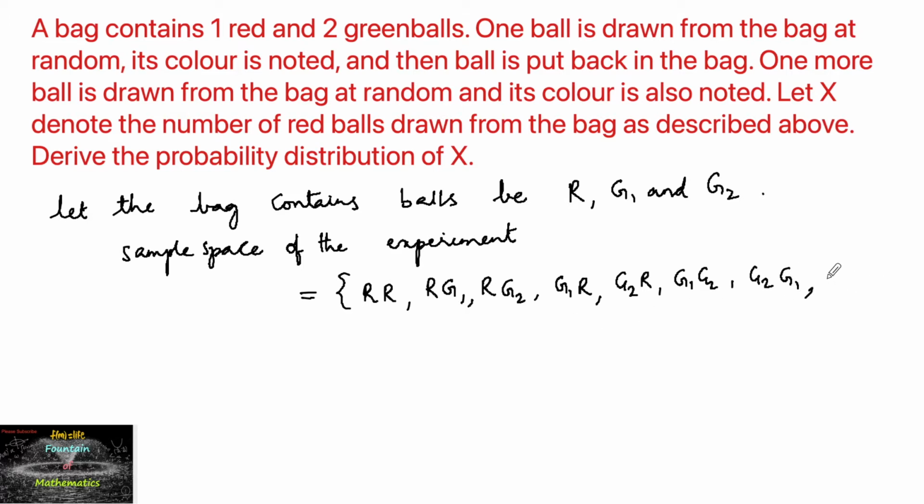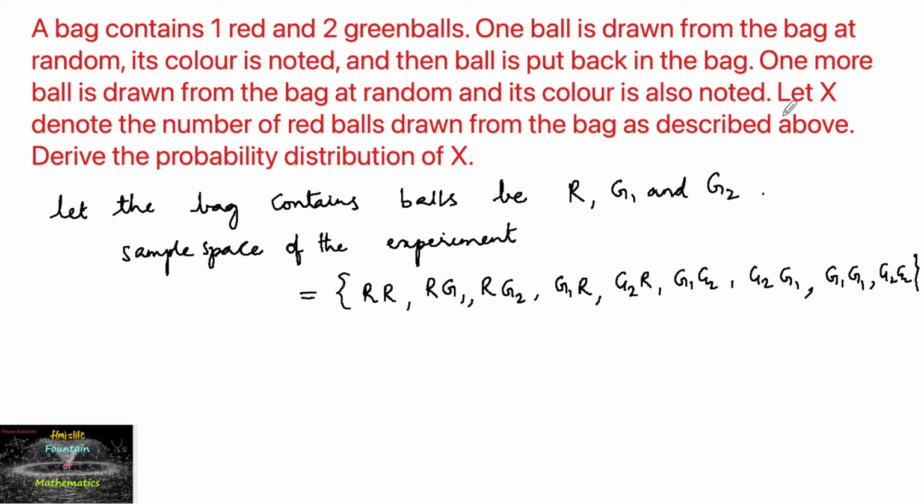And also the possibilities we may have first time G1 and second also G1, and first G2 and second also G2. So these are the different possible outcomes. So that denotes the sample space.